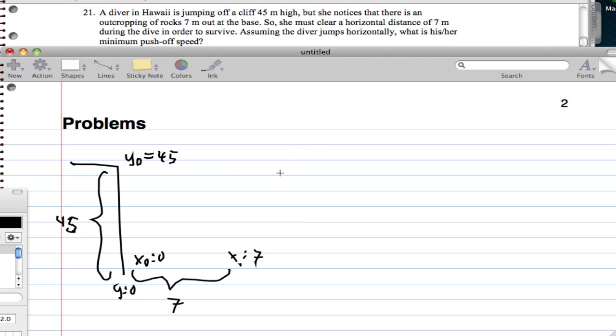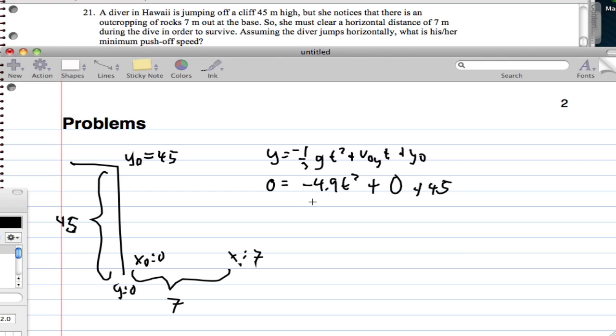So first let's get the time to fall. We have y equals negative 1/2 gt squared plus v naught y t plus y naught. So that's going to end up being 0 equals negative 4.9 t squared plus 0, because v naught in the y direction is 0, plus 45. So t is going to be about 3 seconds. So we need to clear 7 meters in 3 seconds.